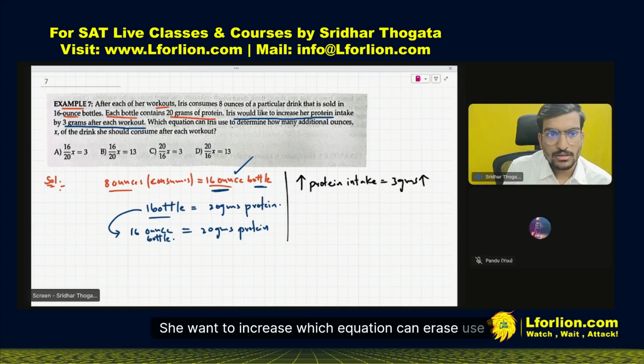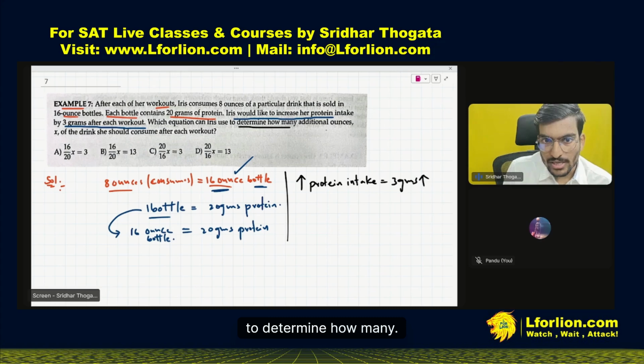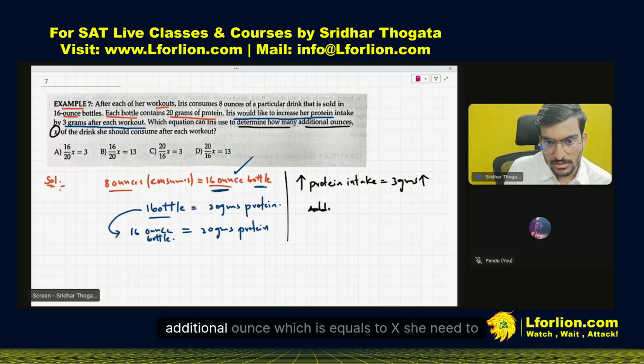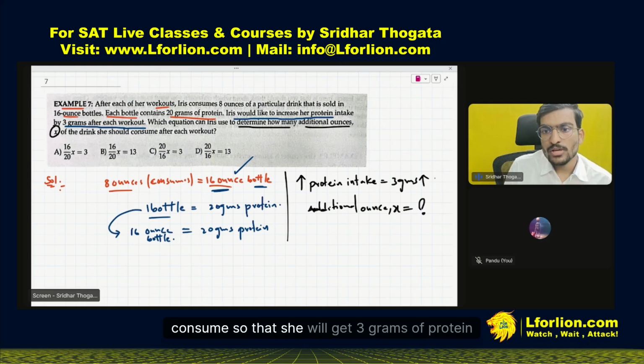Which equation can Iris use to determine how many additional ounces x of the drink she should consume after each workout? So we need to find how many additional ounces, x, she needs to consume so that she will get 3 grams of protein.